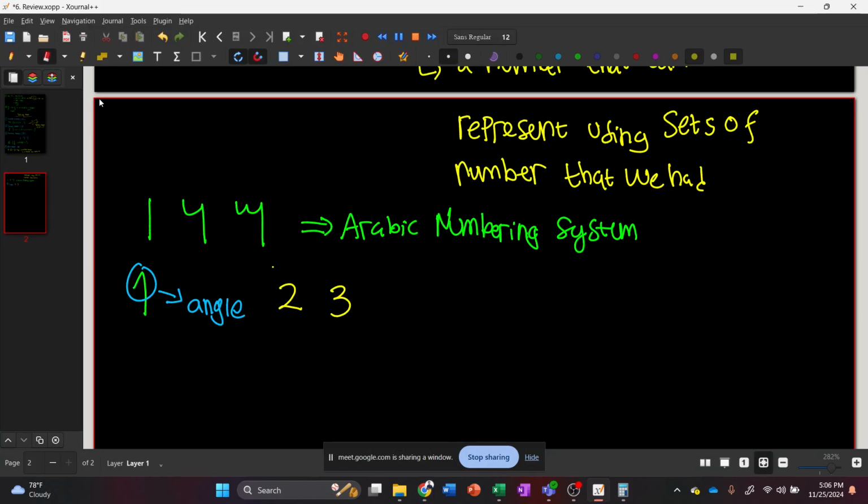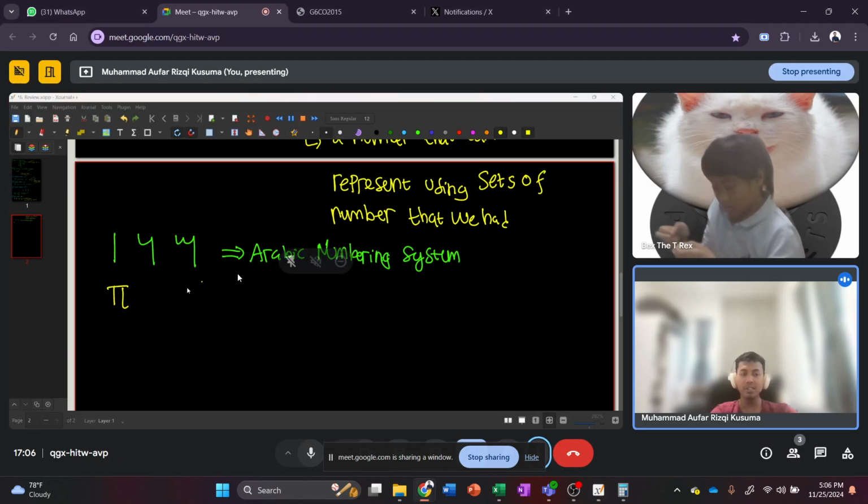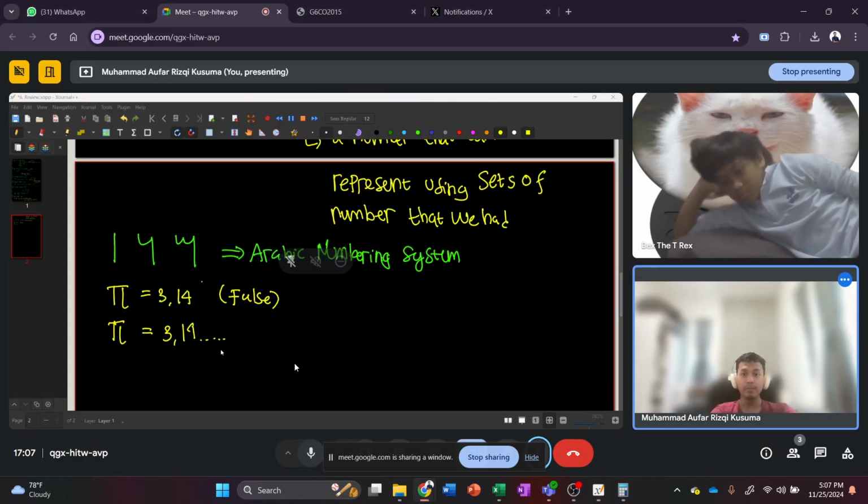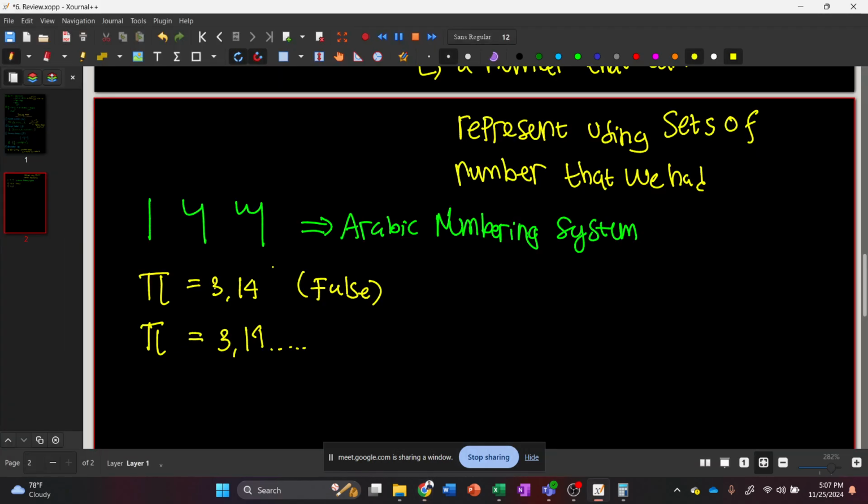Okay, so back to our topic again. Pi cannot be represented with a number. So pi is not equal to 1.14. This is false. Because pi, if you want to make it equal, pi is equal to 3.14 and so forth. This is true if you say it like this. What mathematicians call an approximation.